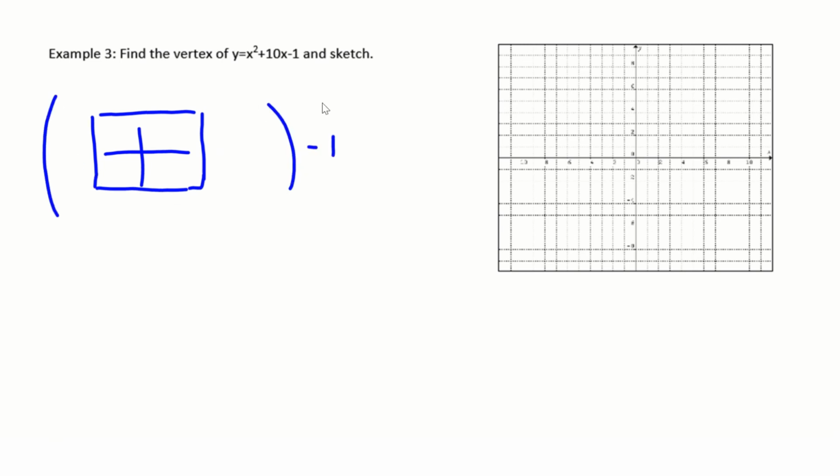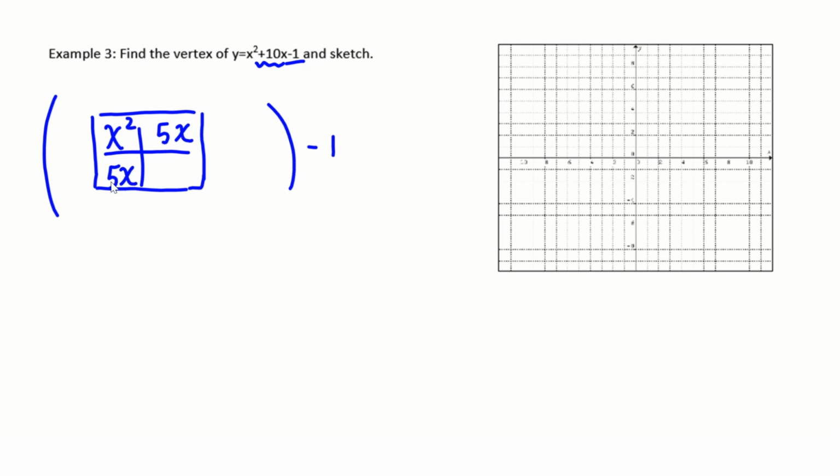And the next one, x squared plus 10x minus 1, we could use the box method, or you could use the traditional method. If it's the box method, just draw a box, then put in bracket, minus 1, the constant, right outside. In the first box is x squared. The second one needs to be half of that one. So we need these two numbers to be the same.